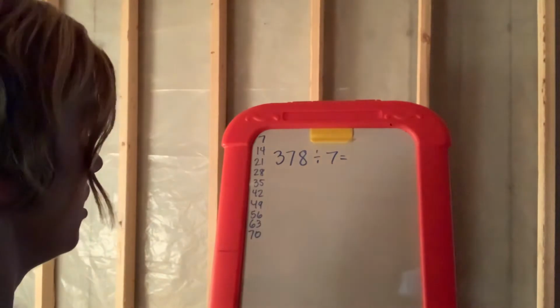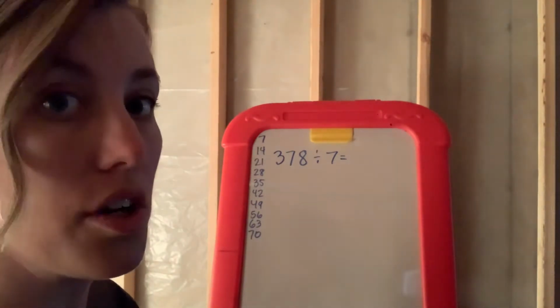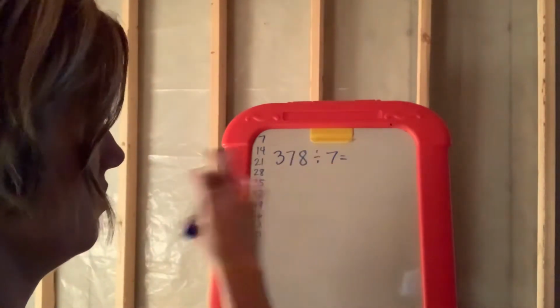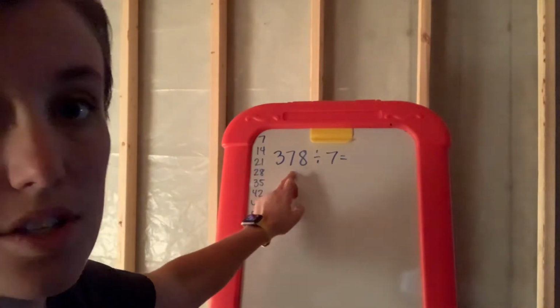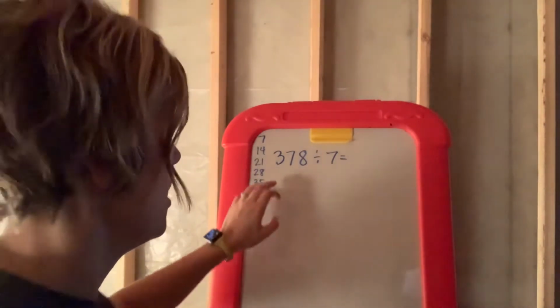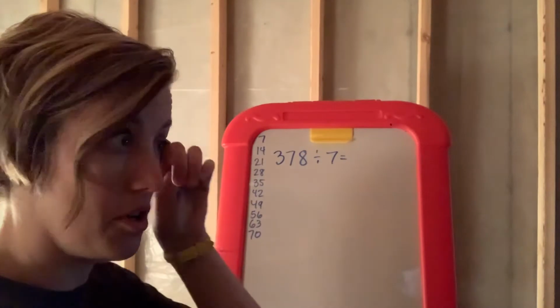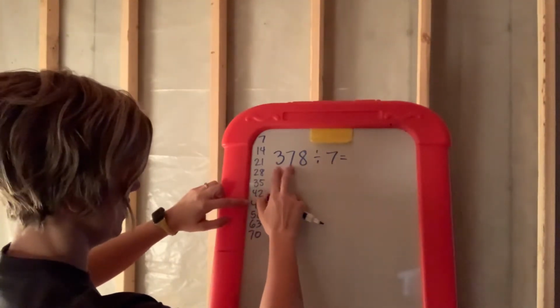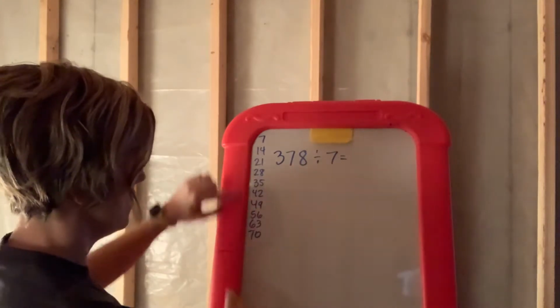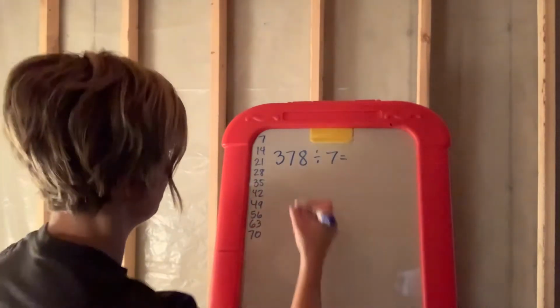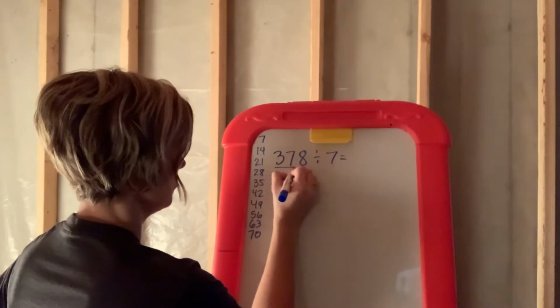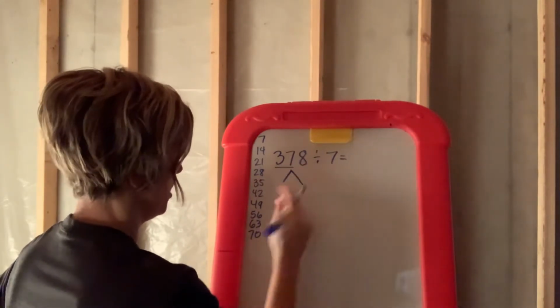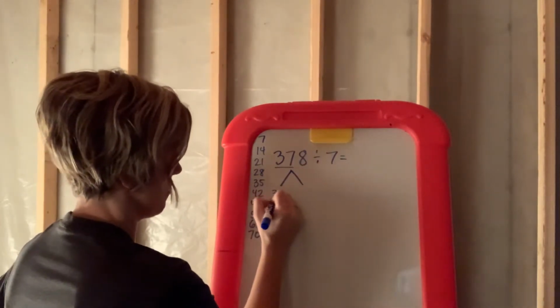Now, when we do this, we normally use the digits to try to find a number, but there is no number. There's no 30, there's no 37, there's no 78. So we've got to get as close as we can. So hopefully you see this 37 and you also see this 35.